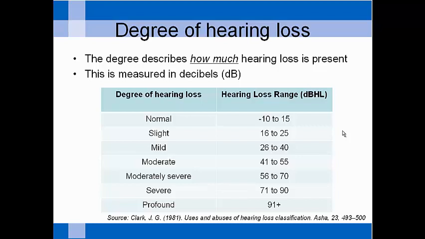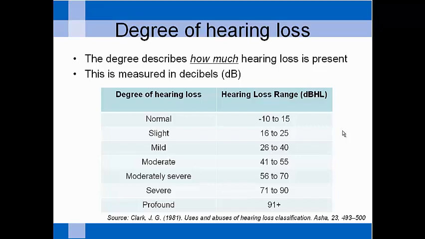So this is a graph of how we define the different degrees of hearing loss. Normal is a range from -10 to 15 decibels, and then we go from slight, which is 16 to 25, and then we have a mild hearing loss, a moderate hearing loss, moderately severe, severe, and then profound, which is similar to what most people refer to as deaf.